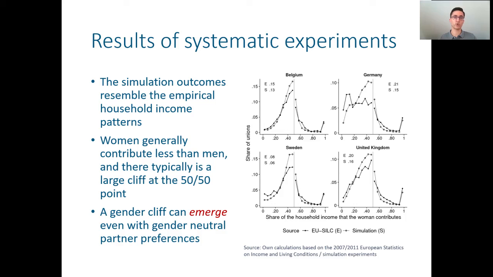This insight has important implications for existing scholarship. Researchers have argued that the continuing increase in gender egalitarian attitudes across the West may lead to more equality within families. However, our results suggest that even if people's partner preferences would become completely gender neutral, women may remain economically disadvantaged within their families as long as their average income is lower than men's.